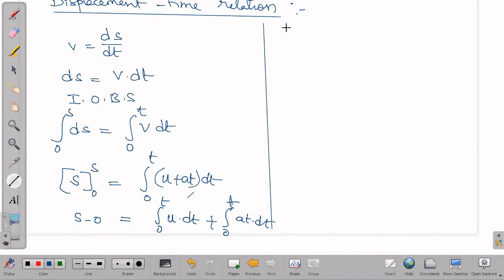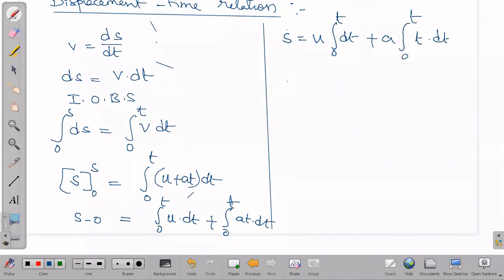The left side is s only. On the right side, s is equal to u, which I am taking out, times the integration from 0 to t of dt, plus the integration where a I can take out. Previously also we took a out, and since we are integrating with respect to t, the t terms should be there. So the limits are 0 to t.